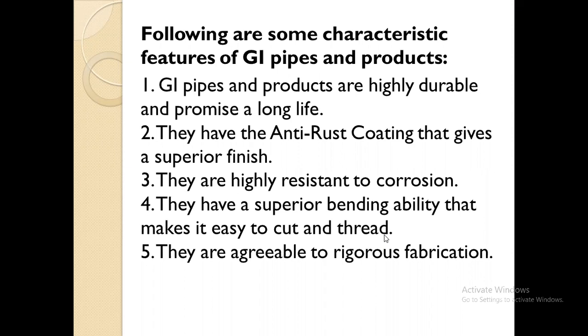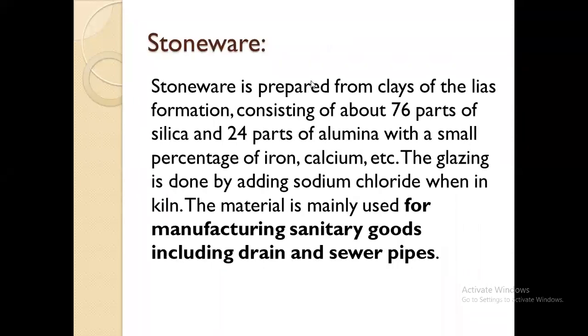At the time of fitting, sometimes we have to go for cutting, welding, and then finishing, or whenever we require threads, by making the threads we can fit the GI pipes in a plumbing system. Then the next thing is the stoneware.